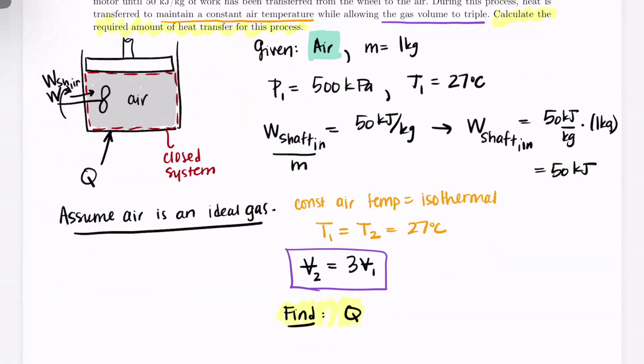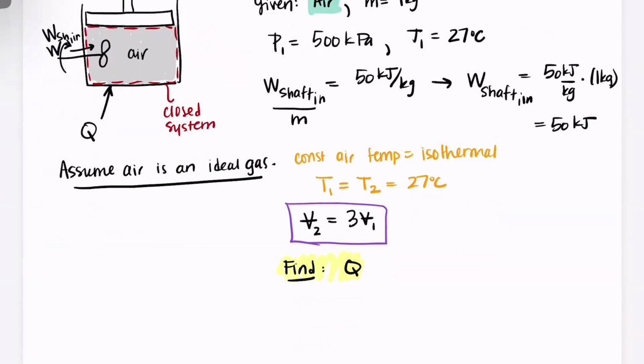We drew our system. Next thing we want to do is list out our governing equations. What are we going to use to guide this problem? And since we're trying to find Q, we're going to use conservation of energy. That's where Q shows up, right?